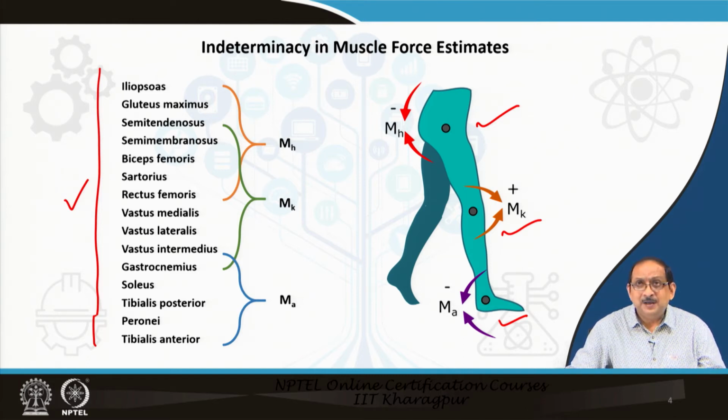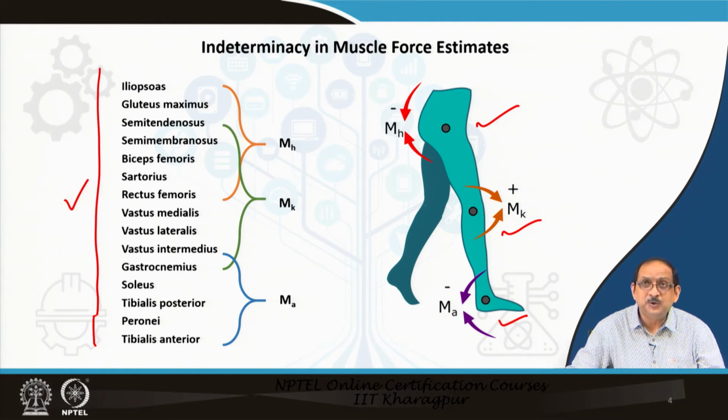At the knee, there are about 9 muscles whose forces create the net moment. The important thing to note here is that the line of action of each of these muscles is different and continuously changes with time.